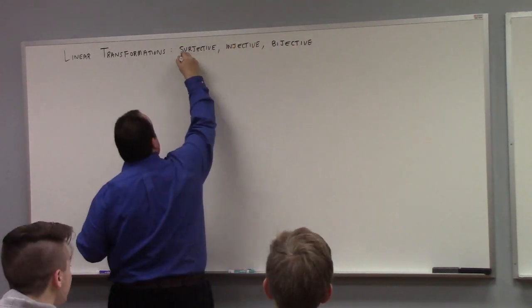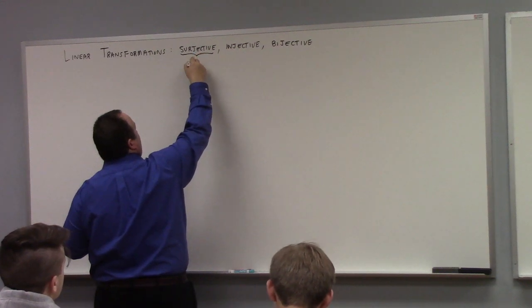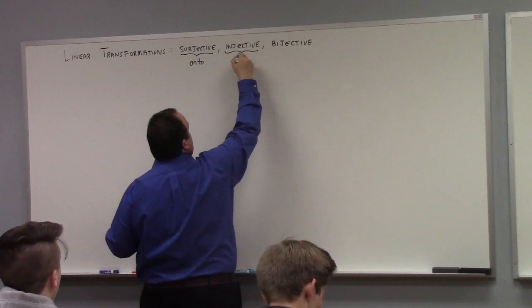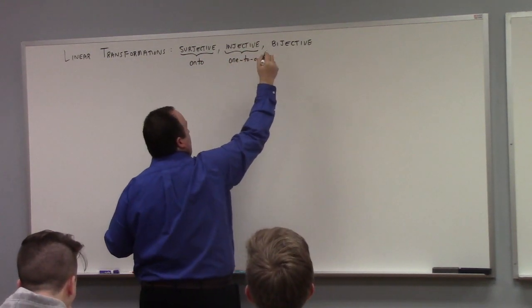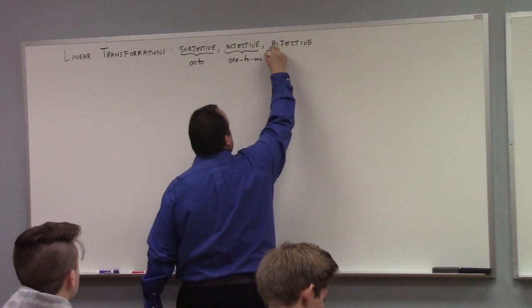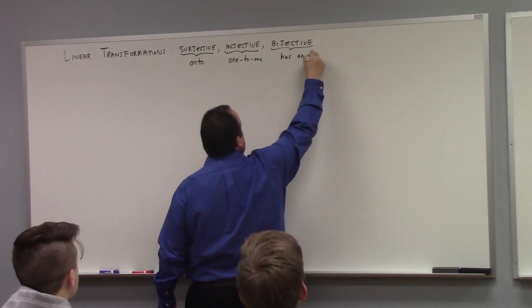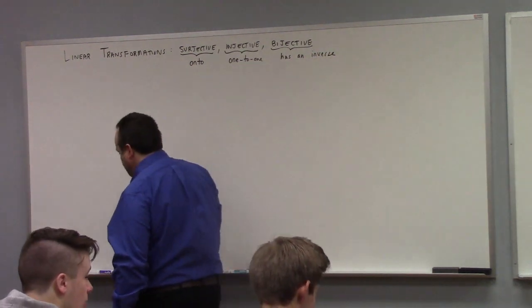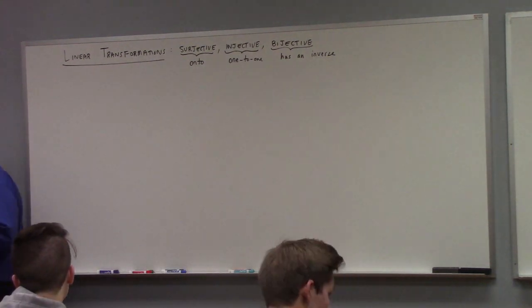In the parlance of earlier mathematics, this would sometimes be called onto, and this would sometimes be called one-to-one. And bijective means, let's just say it this way, it has an inverse function.